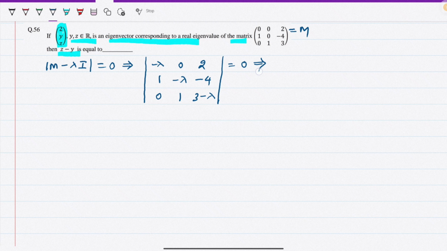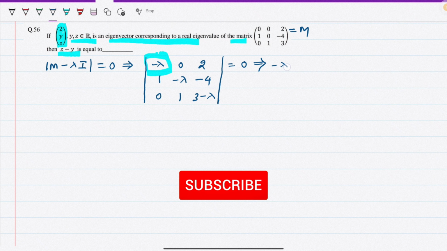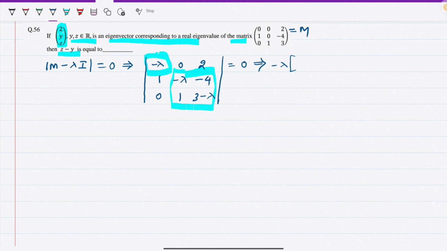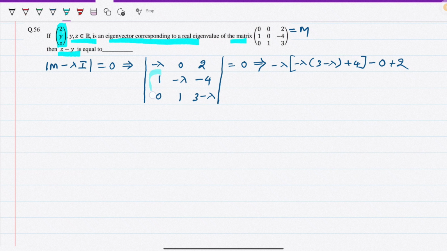Let's first evaluate the determinant now. We will start with this entry. So we have got negative lambda times the corresponding minor. The determinant of this minor matrix is negative lambda times 3 minus lambda, plus 4. Then we have got the next entry as 0, so we'll have a minus 0 here, followed by 2. So we are going to have plus 2 times the minor with respect to 2, which is this matrix.